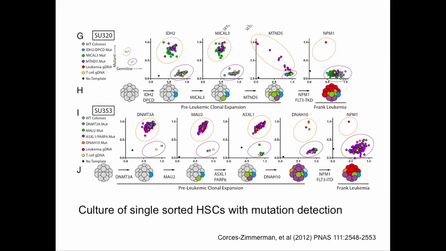One can then do cultured experiments using sorted single cells, such as hematopoietic stem cells, to grow up individual colonies of cells and look at their individual genetic signatures and reconstruct the likely pathways in which these mutations were acquired, and show the sequential acquisition of various mutations to form the final frank leukemia, as is demonstrated here by work from the group at Stanford.